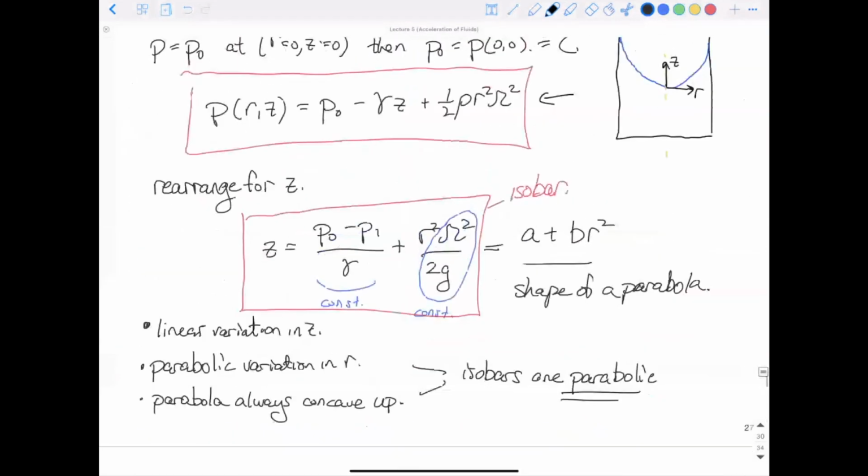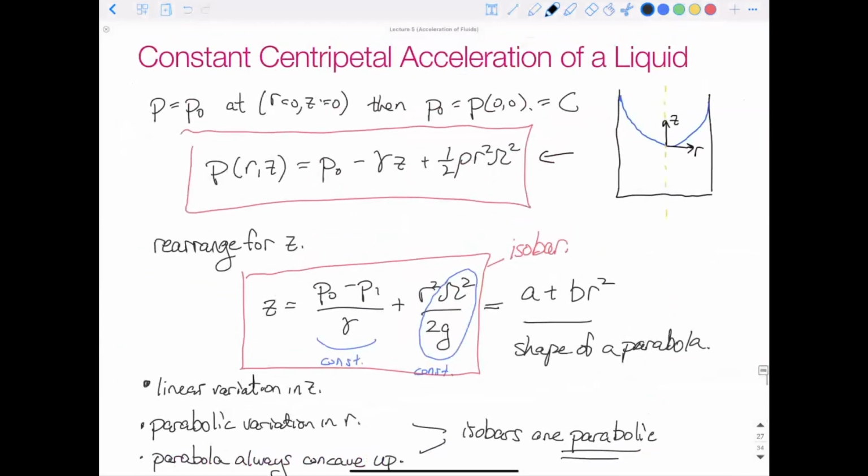And this slide here. This is the top one here, pressure distribution. The equation below that is the equation for an isobar.